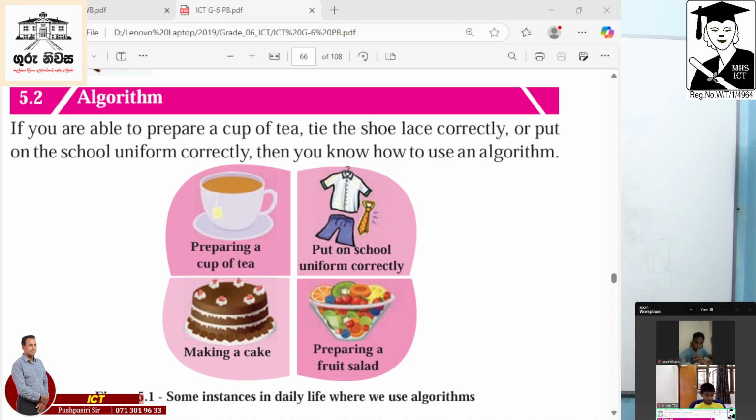A method that includes all the steps of solving a problem in order is known as an algorithm.